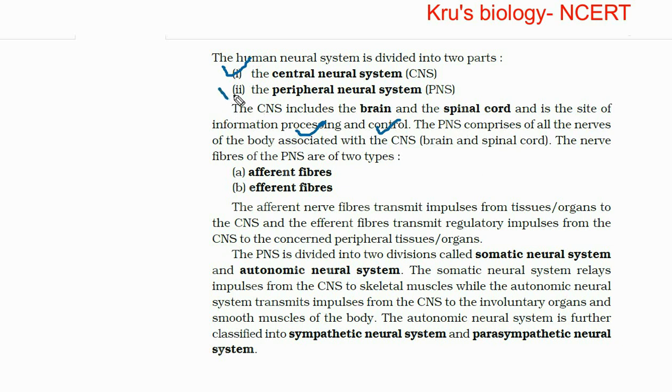And the second one is the PNS, the peripheral nervous system. It comprises all nerves of the body associated with the CNS, right?